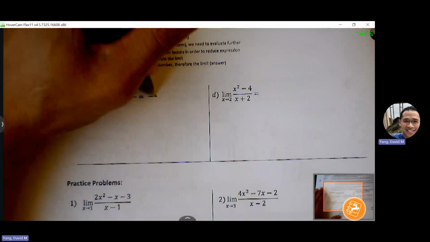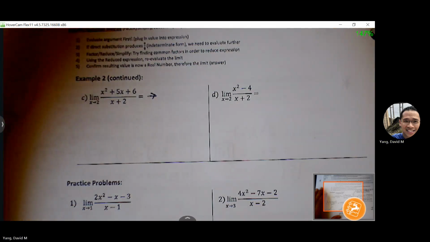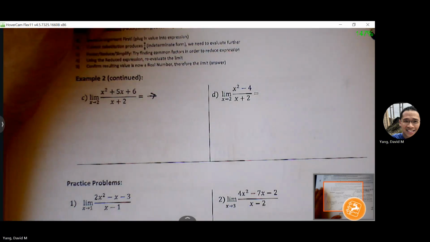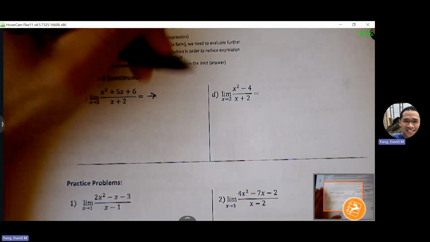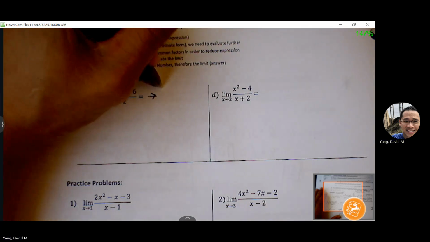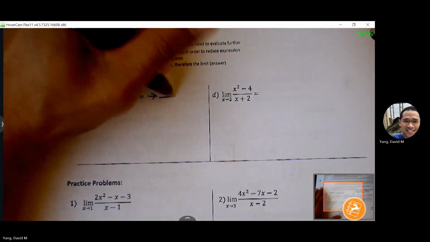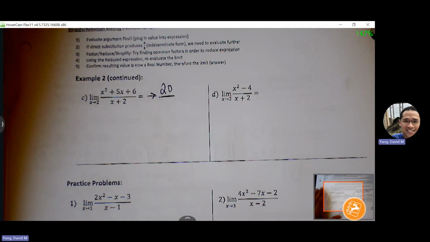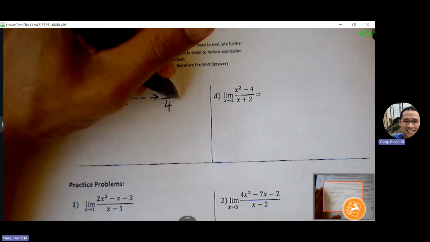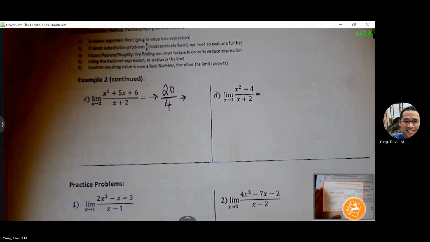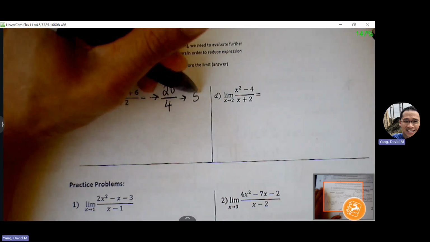Numerator, we get 4 plus 10 plus 6. 20. Denominator, we get 4. Is that going to lead us to a real number? 5, right? So there's nothing more to do, right?